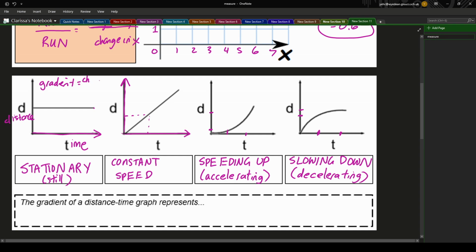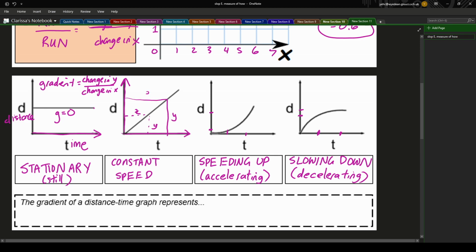and with gradient being change in y over change in x, because its change in y is 0, that means then, in this case, the gradient is 0. With this though, there is a change in y, there is a change in x, and then we can use different positions as well.